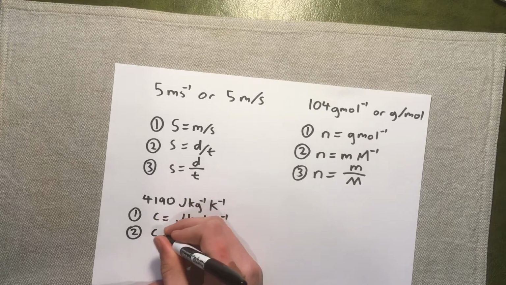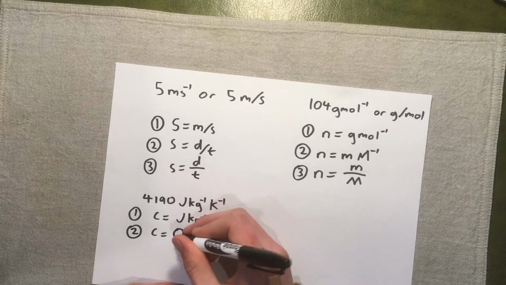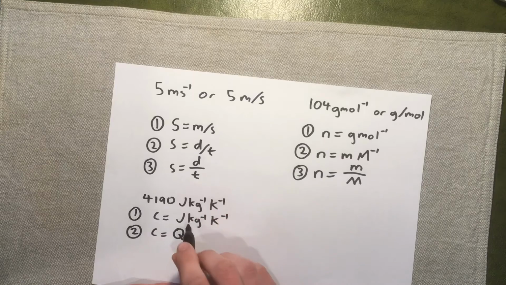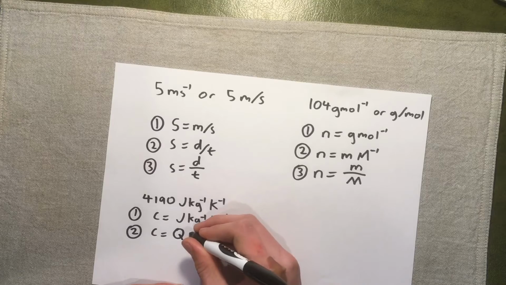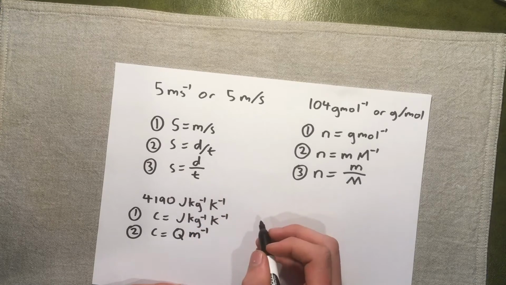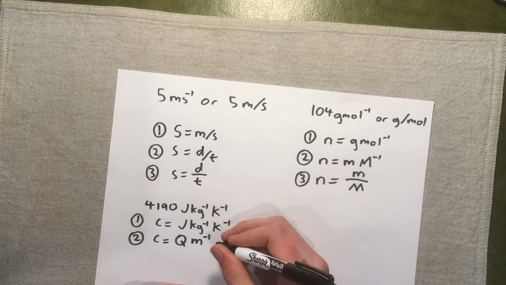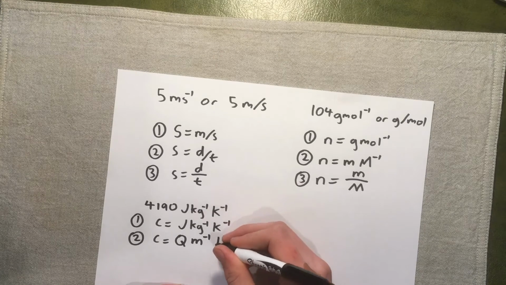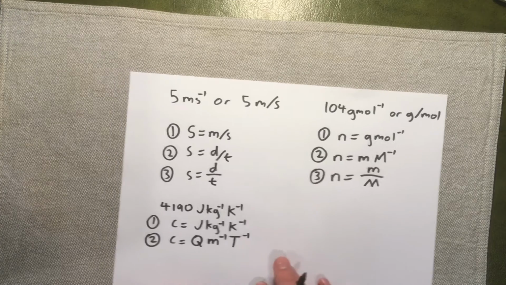We've already got our C. Joules is a measure of energy, so we're going to change that to Q, a commonly accepted letter for energy. Kilograms, we're going to change to m. And Kelvin is just a temperature measurement, commonly used in physics instead of degrees Celsius or Fahrenheit, so we're going to change that to T for temperature. We're not going to use a lowercase t because that's used for time.